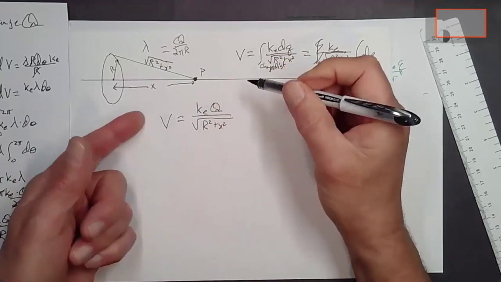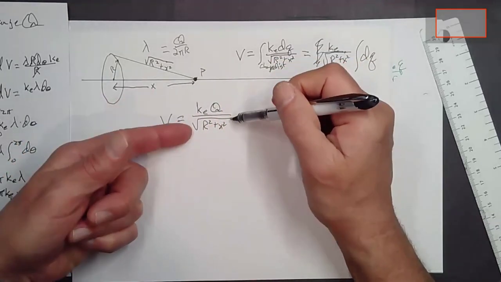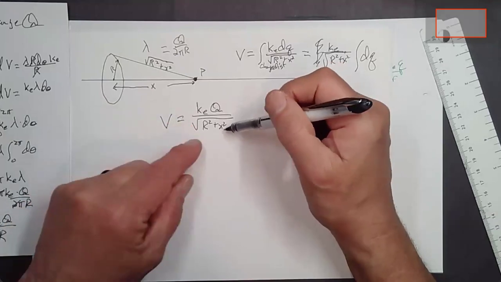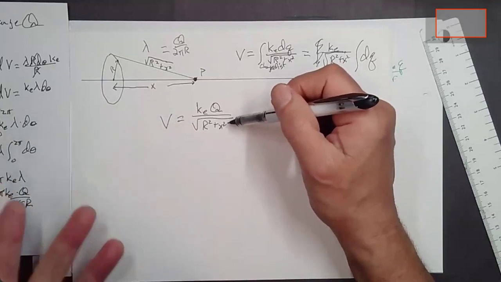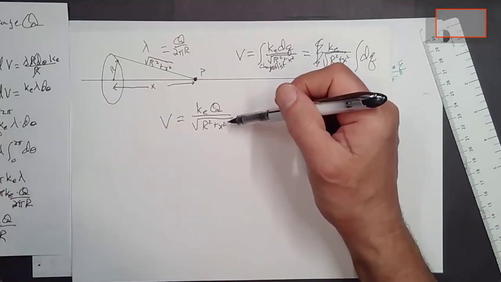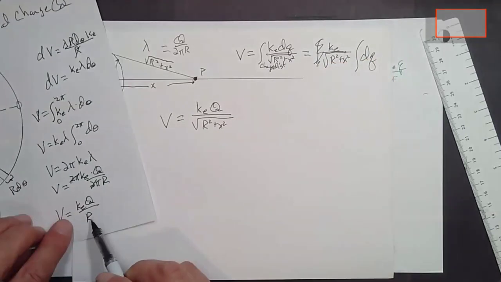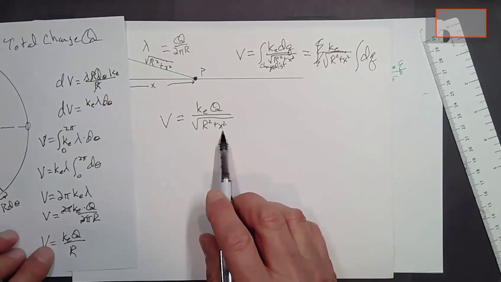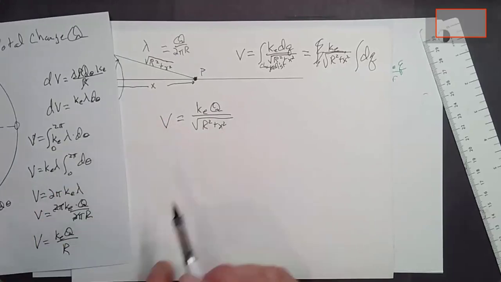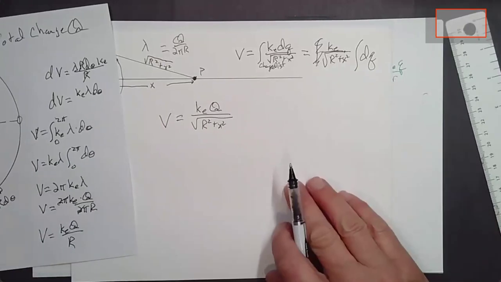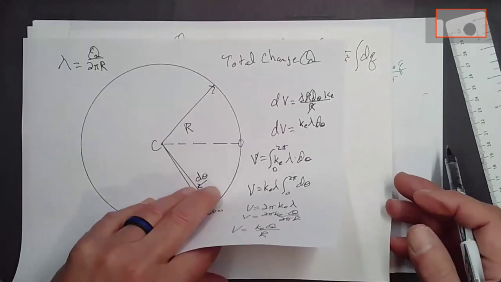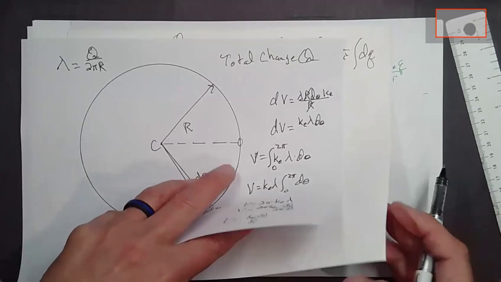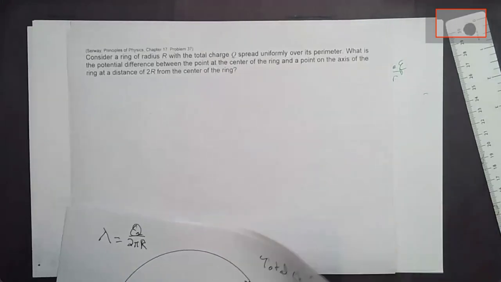This is like as if it was a point charge, but this one is a distance square root of r squared plus x squared away from us. And very similar to what we had here at the center. In fact, if x is 0, this expression becomes this expression. And so that's all there is to it.